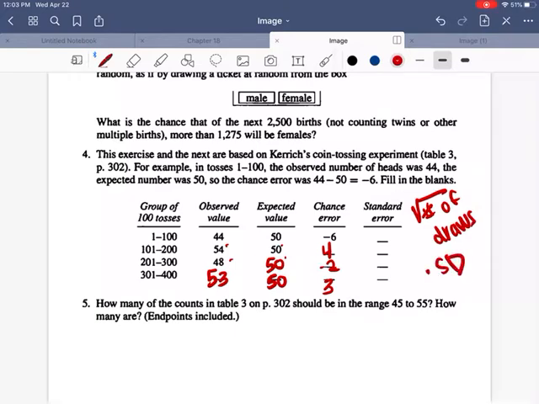So before we start that, I'm just going to make sure I've got that correct, and that is what it's asking us to do. But where it says standard error, I assume it wants us to use that formula. So we just need to figure out what the standard deviation is and then plug it in, and it should be the same for all of them because all of them are 100 draws.